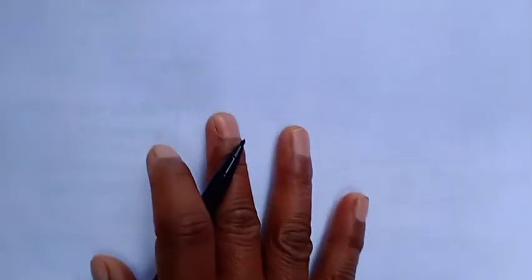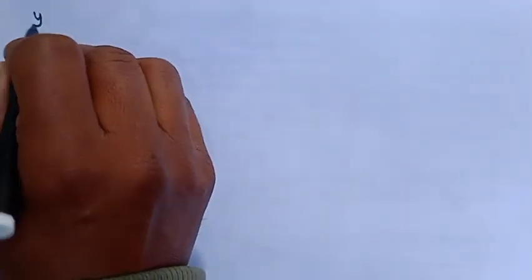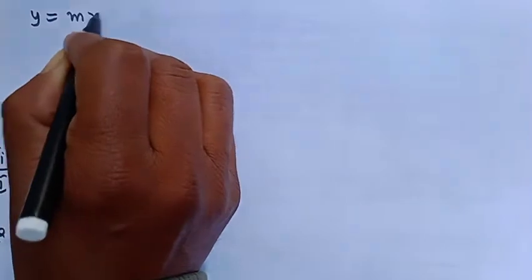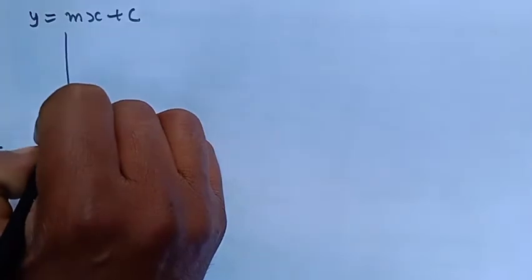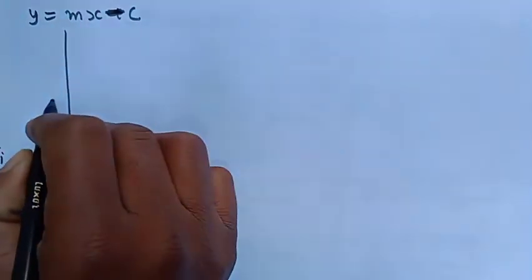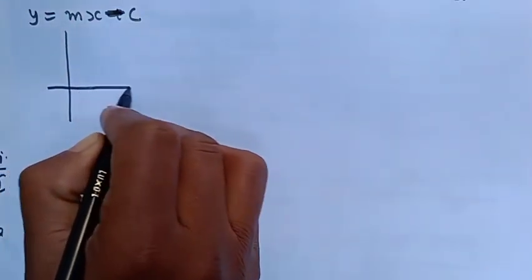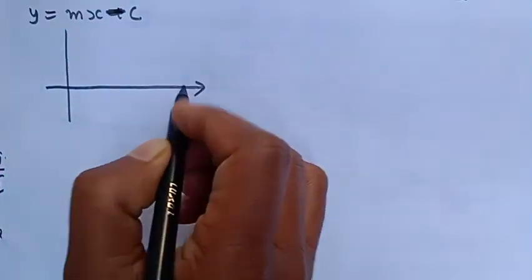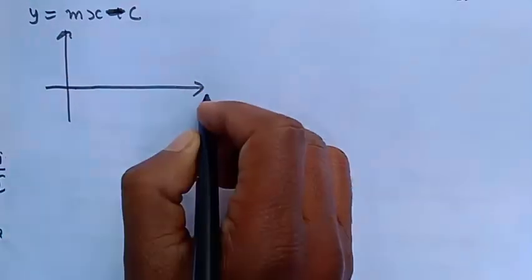Look at this equation, y equal to mx plus c. It is an equation of a straight line. In fact, I am putting negative because this is what we have here.